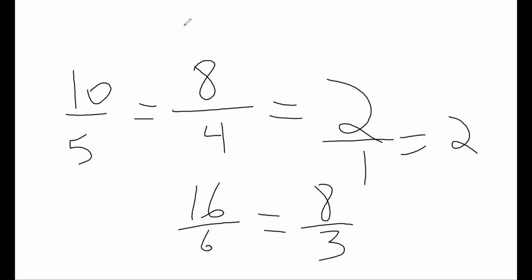Divide the bottom by 2, you get 3. So 16 over 6 is the same fraction as 8 over 3. In spirit, they're the same exact value, the same number. They just look different. But what we would say is that 8 over 3 is really put into simplest form, because you can't get any lower than 8 over 3, can you, and keep the same true spirit alive.